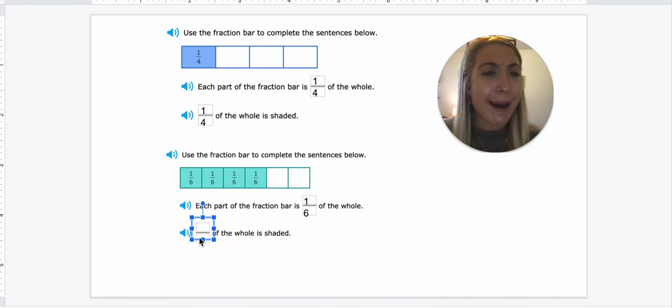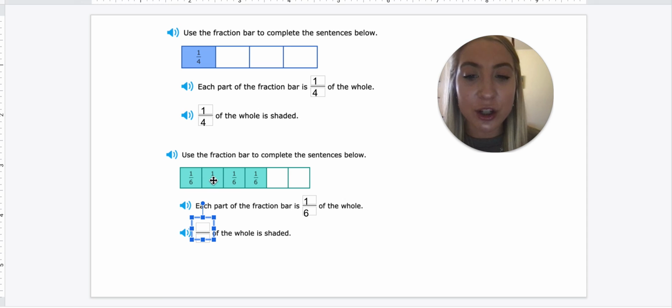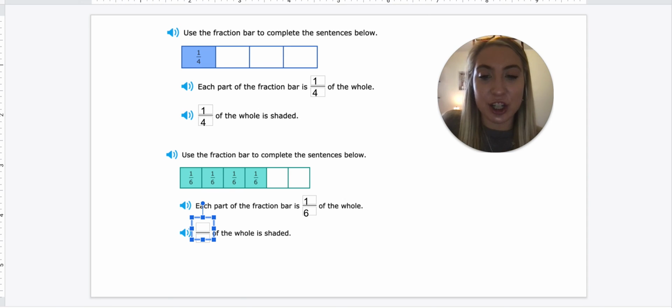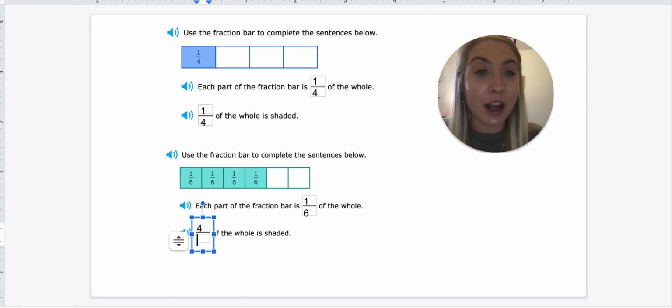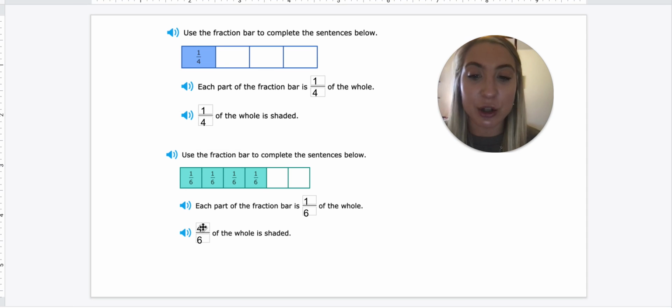But now we want to know how many boxes are shaded. We have 1, 2, 3, 4 boxes shaded out of how many total boxes? Out of a total of 6 boxes. So 4/6 is shaded. So 4 of our boxes are filled in out of a total of 6 equal parts. So now let's do a few more.